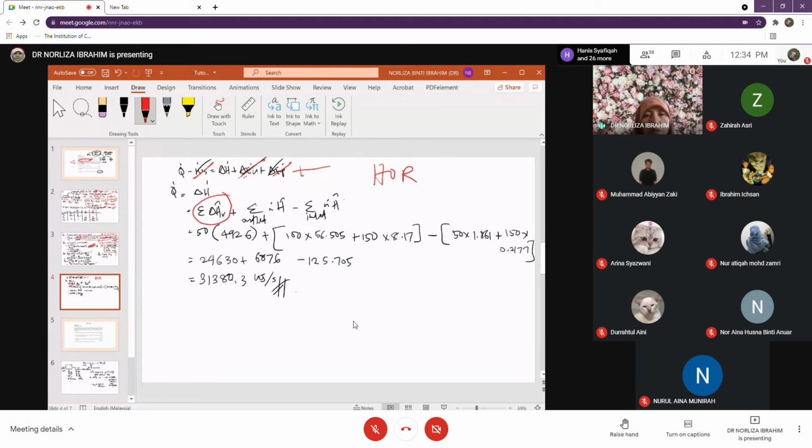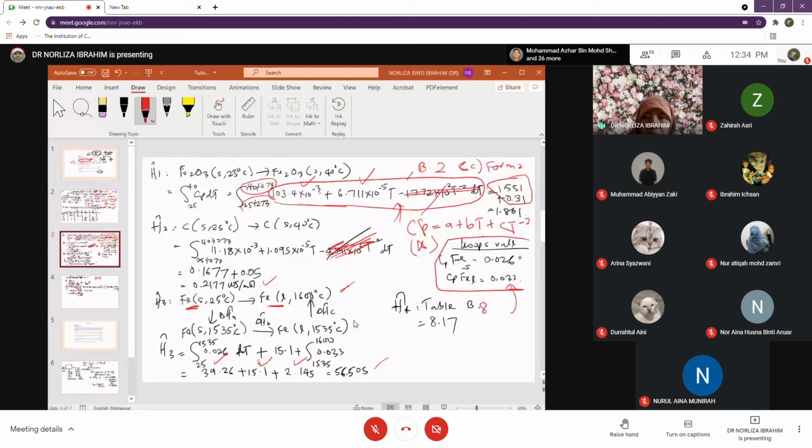When you put it there, make sure the units are consistent. If it is mole per second, this is mole per second. This is kilojoule per mole. So you should get kilojoule per second. Make sure you have consistent units. That's why the Cp here, the Cox rule Cp, if you refer to the table, is 26.